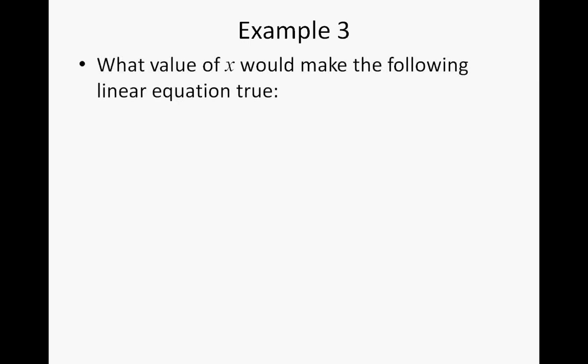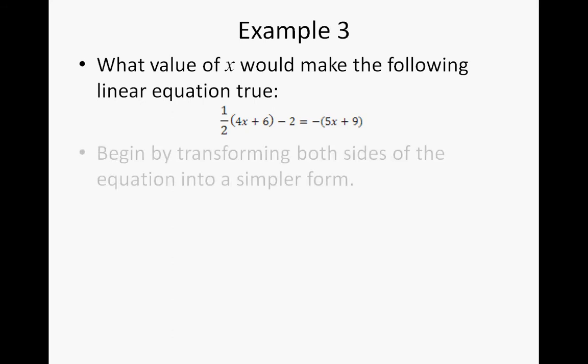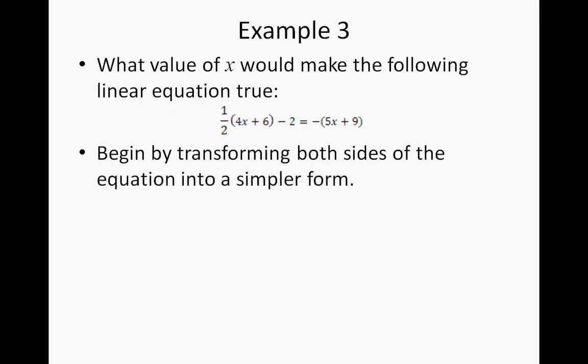All right, another example. So what value of x would make the following linear equation true? 1/2 times the quantity of 4x plus 6 minus 2 is equal to the opposite of 5x plus 9. So begin by transforming both sides of the equation into a simpler form.